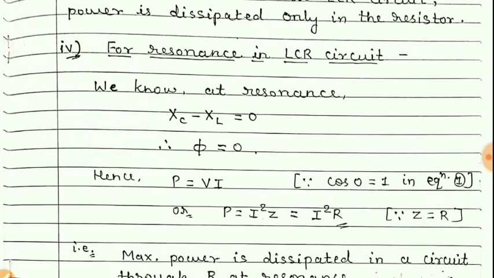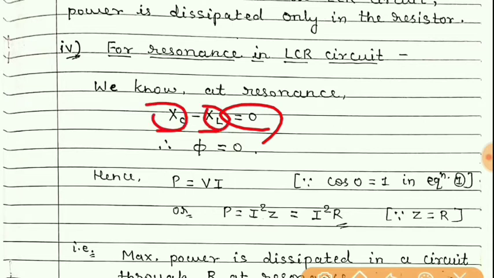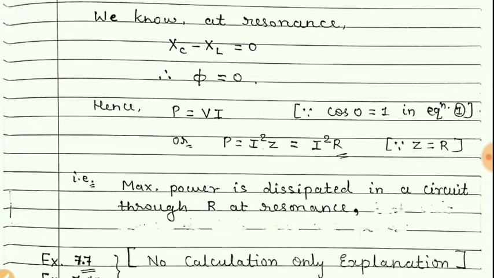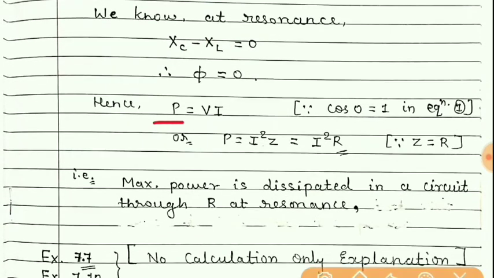We know that the condition for resonance is Xc minus XL is equal to 0, that is, both Xc and XL are equal. In that case also, φ is equal to 0, and hence we will get power P is equal to V into I, because cos 0 is equal to 1.